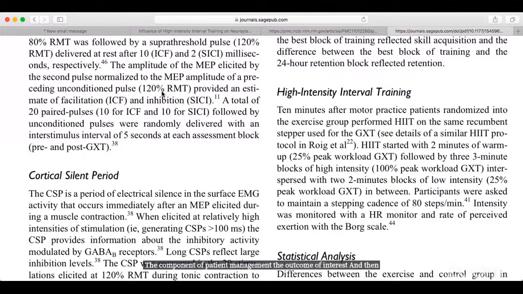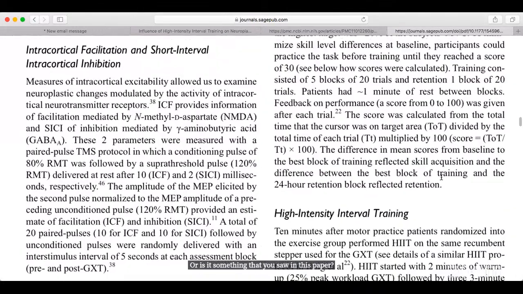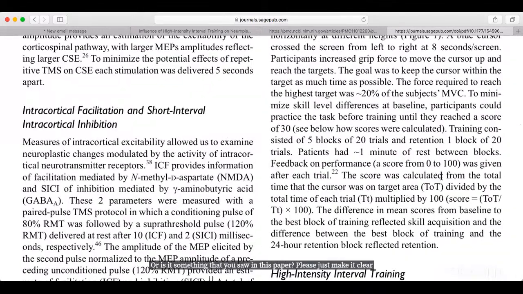I don't know whether that's what you are referring to, Yusuf, or is it something that you saw in this paper? Please just make it clear whether it is the PICO that I know for parts of a question for an intervention, or if it's something else.